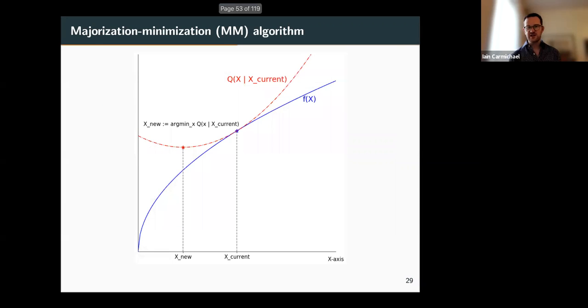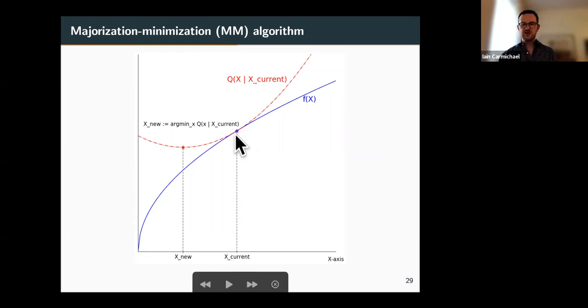So the picture looks like this. f is our blue function, which is some unfriendly function. q is going to be our surrogate function. Let's say our current guess is right here. Our surrogate function should be equal to f at the current guess. It should be greater than f everywhere else, which of course this red function is.